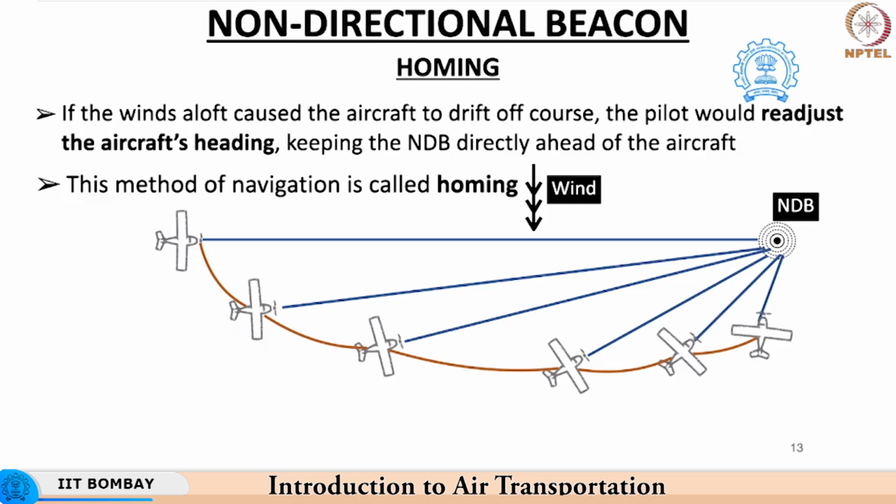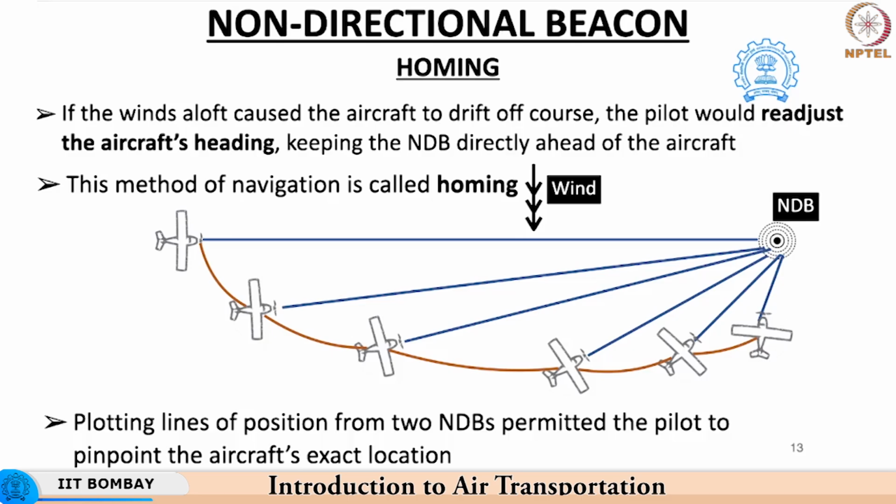This process is called homing and is a very critical part of carrying out navigation in a long duration flight. One more usage of such methods, that is homing, is that if we are able to carry out homing towards two different NDB stations, we can actually establish the exact location of our aircraft.